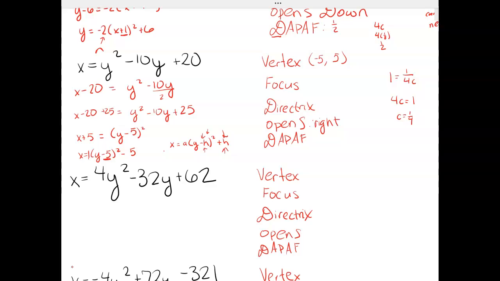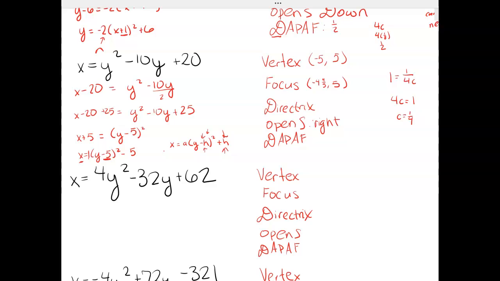Since it opens right, I'm going to go right 1/4, which is going to affect my x values. Funny thing, if it's an x equals, it's going to affect my x values, just like if it was y equals, it was going to affect my y values. So moving 1/4 to the right, that should give me negative 4 and 3/4, comma 5.